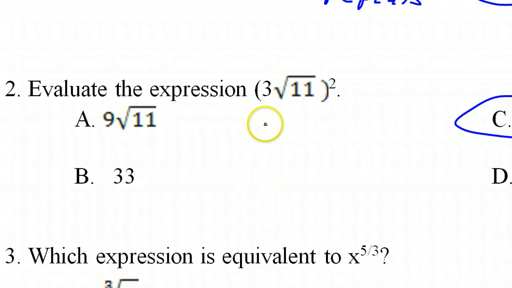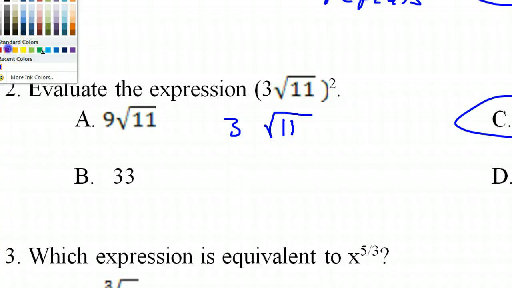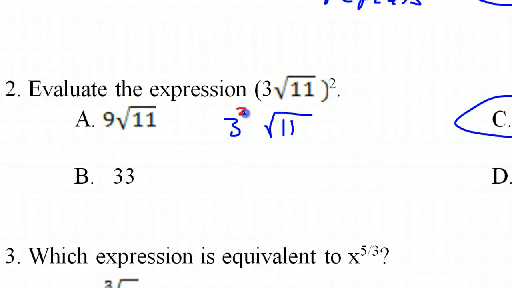Now, here's how you're meant to do it. Here's where I put my teacher hat on, and I want you to be able to do everything by yourself without a calculator if you can. If you're squaring an expression like this, here's our 3 radical 11. I'm squaring this, so that means I have to square both of these things.